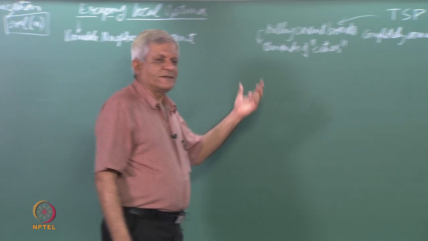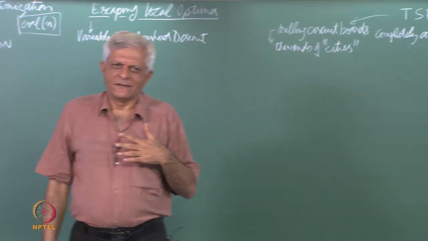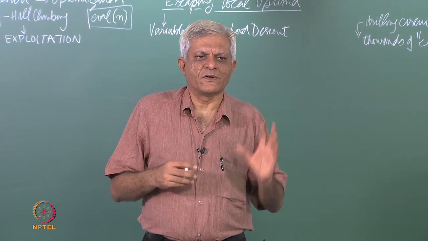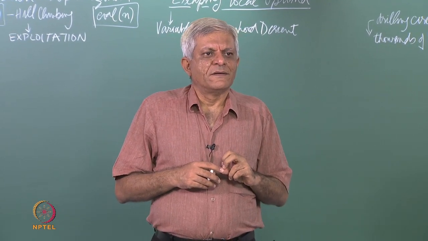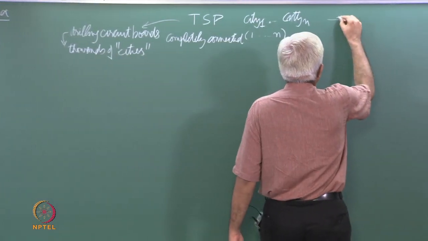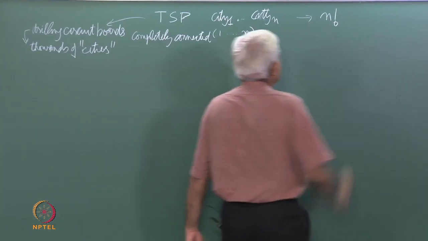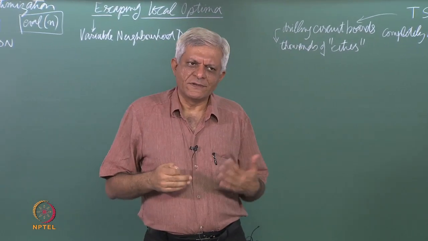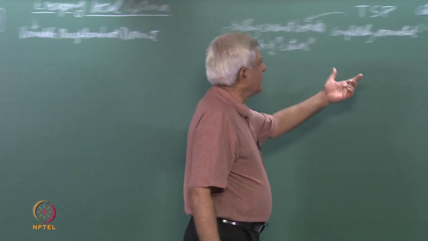If you have n cities, how many tours can we have for those n cities? So, we can have n factorial tours, and one of the notations that we will use for a tour is something like this.